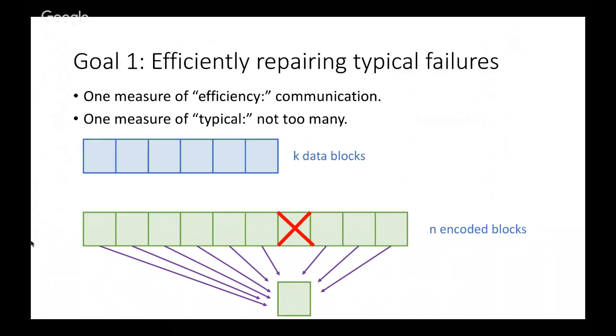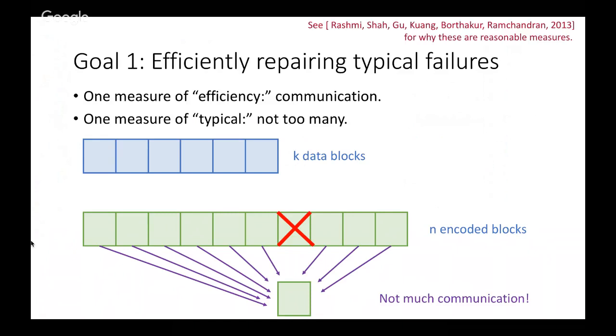Again, what I mean by efficiency here is communication. So the amount of data that this new replacement node has to download from the other surviving nodes should not be too big. There are plenty of different reasonable definitions of efficiency and typical here, and this is only one possible one, but I'd refer you to this really nice paper by Rashmi et al., where they studied what goes on in the Facebook warehouse cluster, and they documented that these are very reasonable definitions of efficiency and typical.